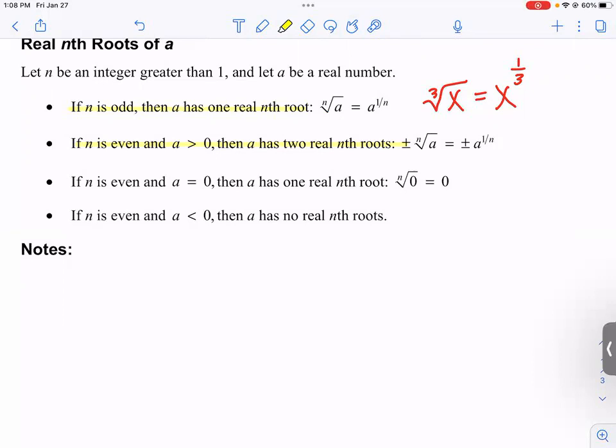Okay. Now here's the deal though. Can I take the square root of a negative number? Really? What squared gives you -4? But anything negative squared, doesn't it turn to positive? Yeah. Interesting. Okay. So if there is a negative under a root that is even, we're not going to have an answer.